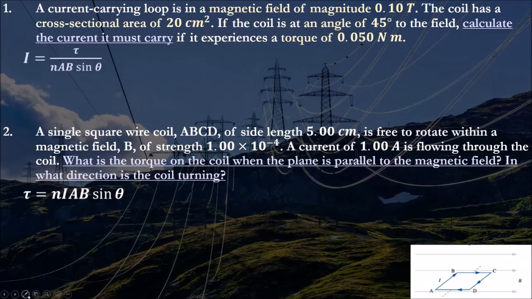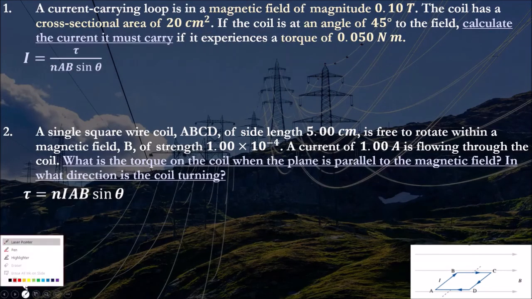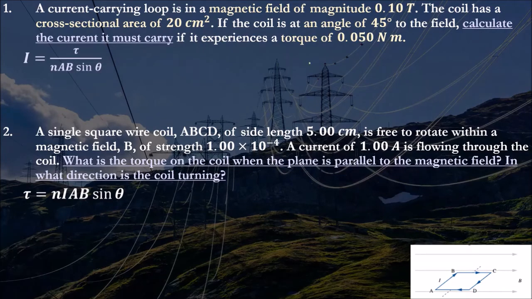Alright, so here are the questions we've been given. A good starting point is to always highlight the quantities that are given or known to you. So we know that B is 0.1 Teslas. We know that theta is 45.